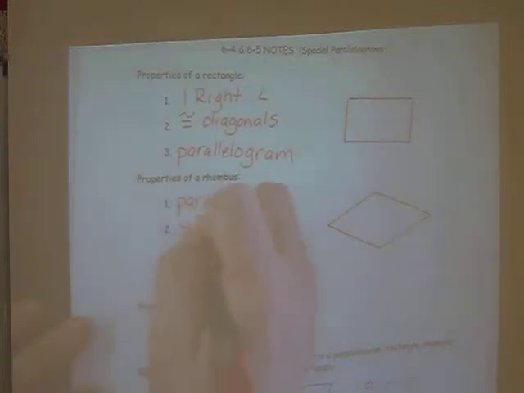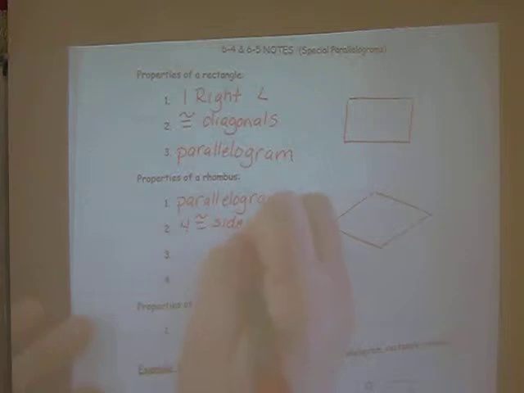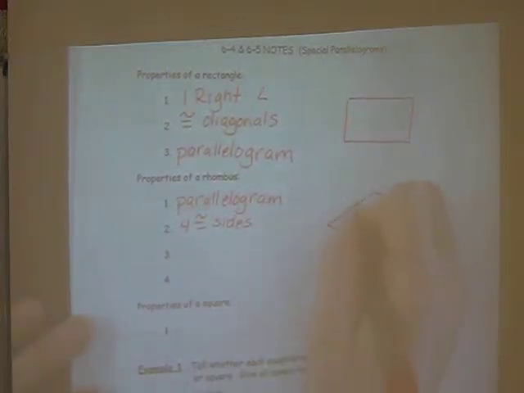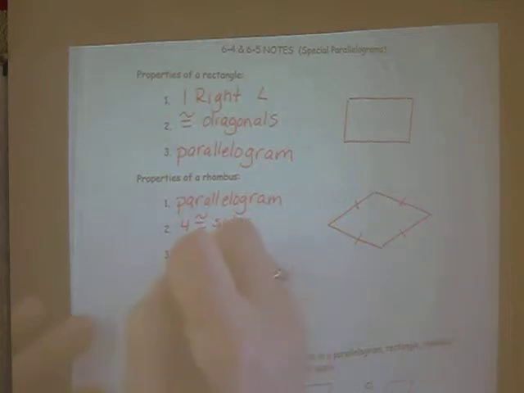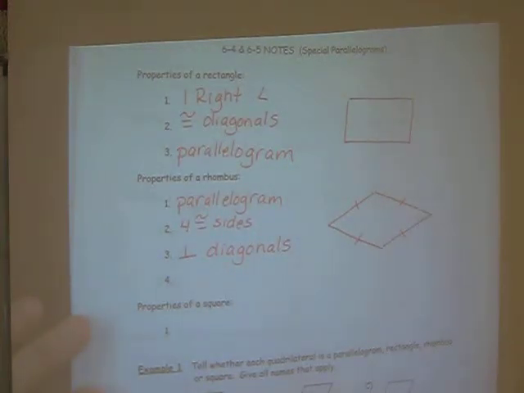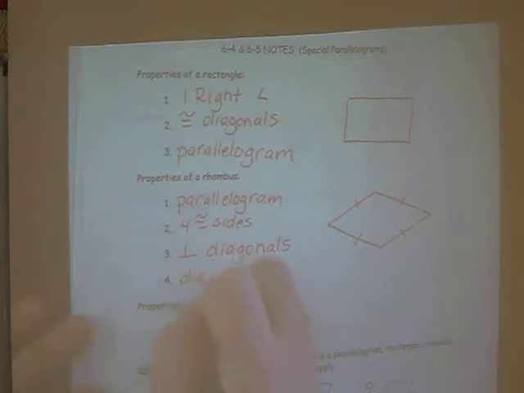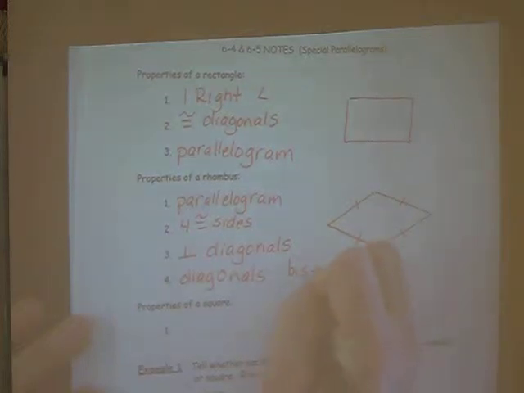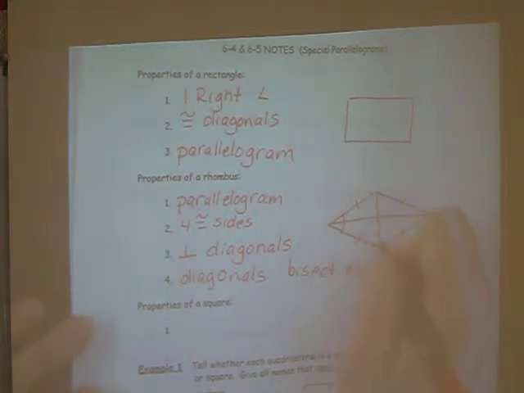A rhombus also has 4 congruent sides, perpendicular diagonals, and diagonals that bisect opposite angles. So your diagonals bisect this angle, and your diagonals bisect this angle.